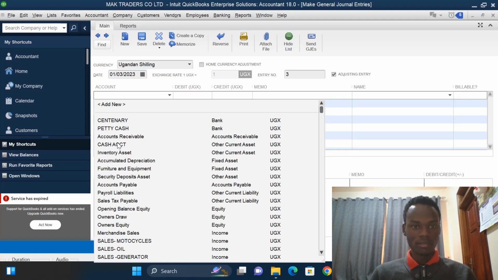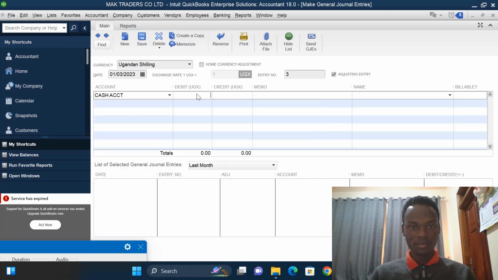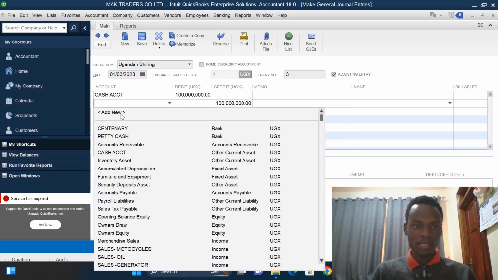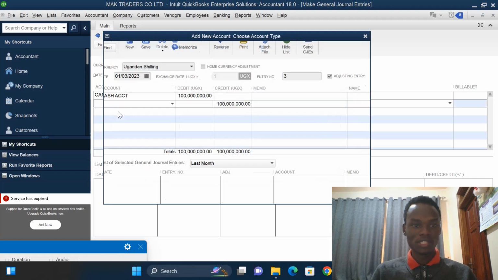So we shall debit our cash account by 100 million. Then we shall credit the loan account by 100 million as well. But we don't have a loan account, so we shall create one.